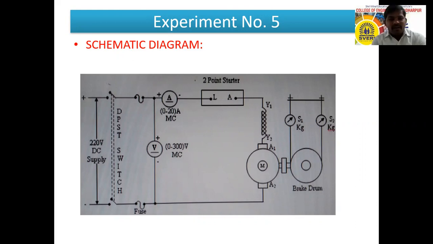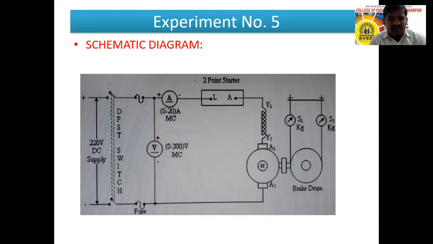The formula for torque is T equals S1 minus S2, the difference between the spring balances, into the radius of the drum, and to convert it into Newton we multiply by 9.81. Once the torque is calculated, we are able to calculate the mechanical power output.